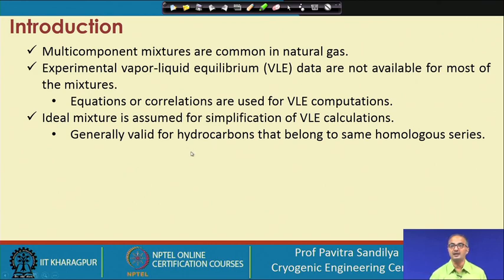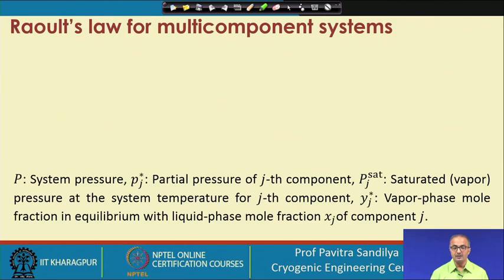Generally we find that this kind of assumption is valid for hydrocarbons, because hydrocarbons generally belong to a homologous series and have similar behavior. So, this assumption of the ideal system is not too bad. Now, first we shall go for Raoult's law for the multi-component systems.